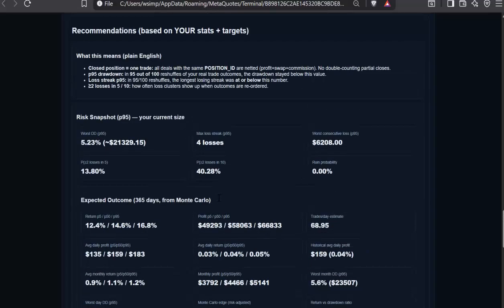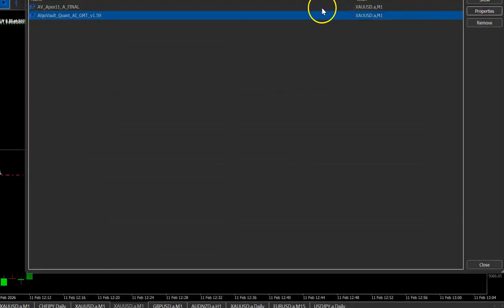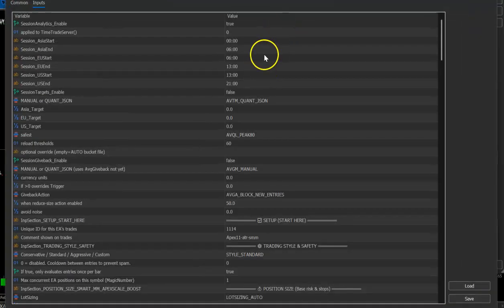So that's how you read and use the Apex11 with the AlgoVault Quant. Again, this will all be automated, so profit targets after a few weeks. The first few weeks you have to do it manually. Once you've got enough data, you will be able to automate the whole process.